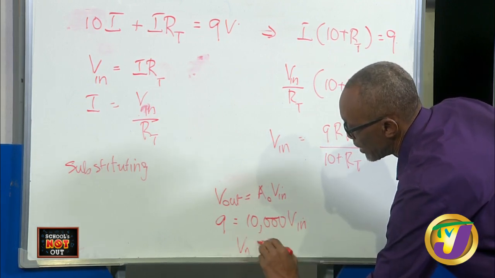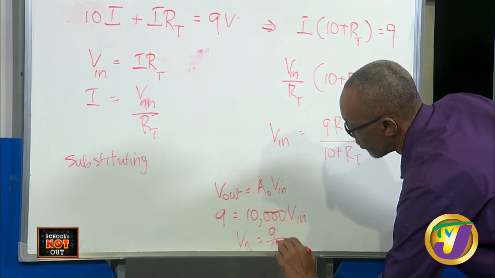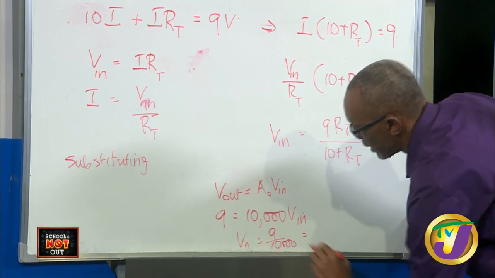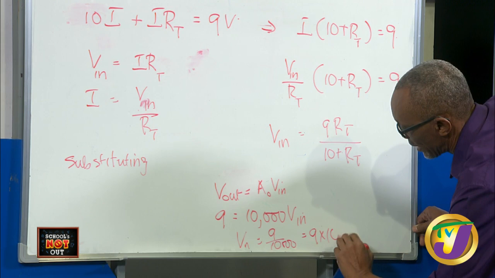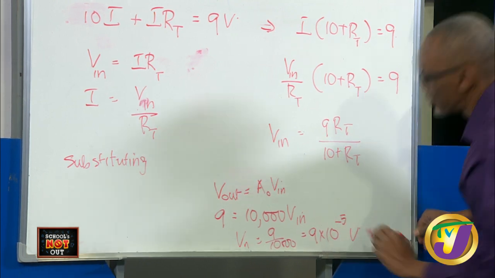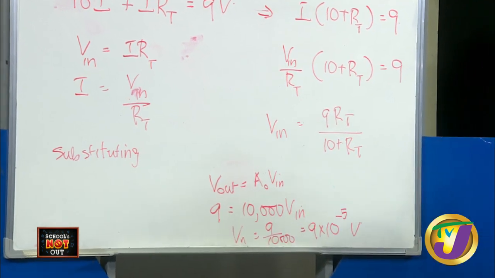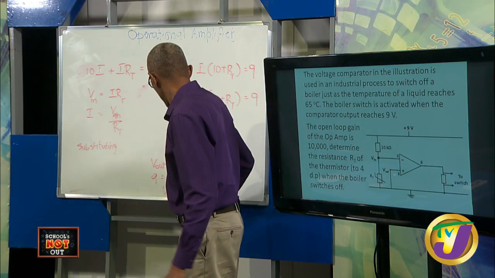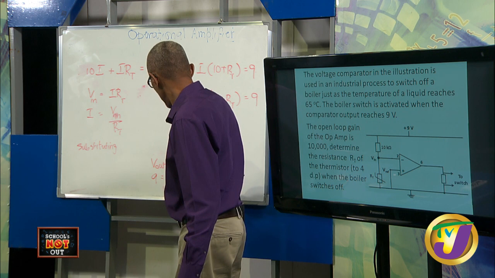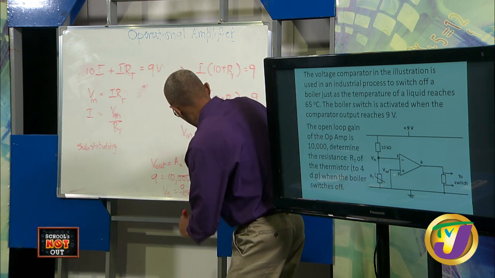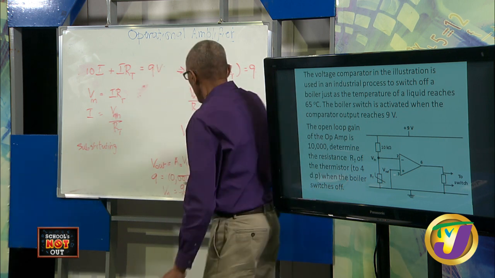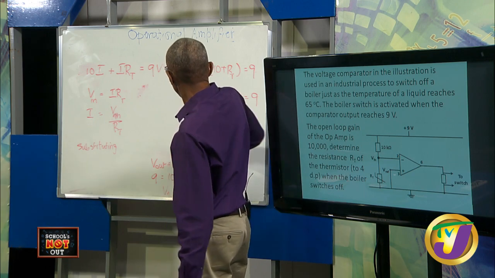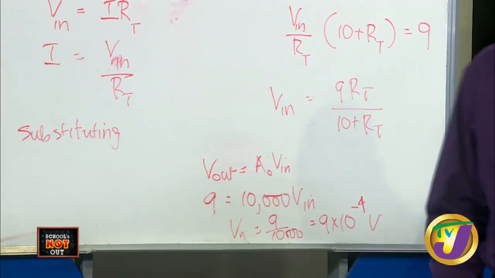So V in is equal to 9 over 10,000, which is 9 by 10 to the negative 4 volts, and then we know that the thing will switch off.